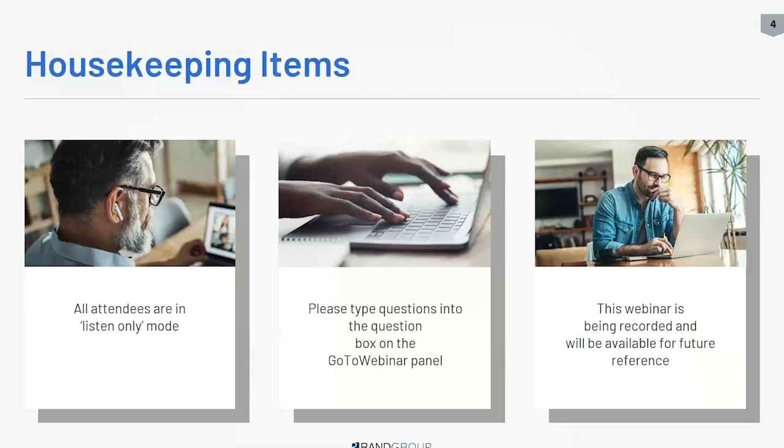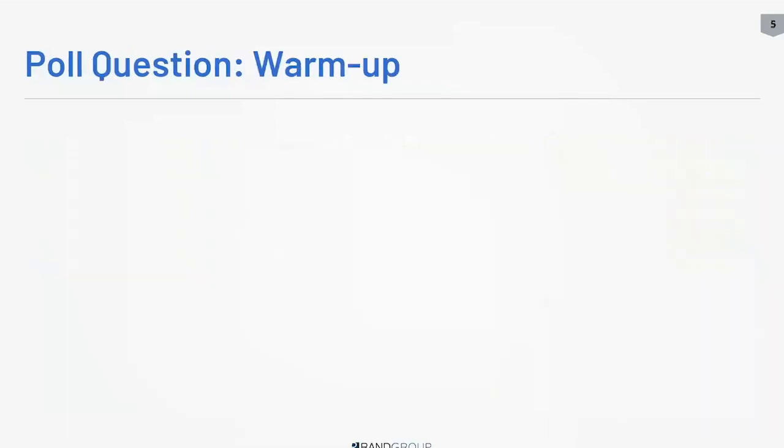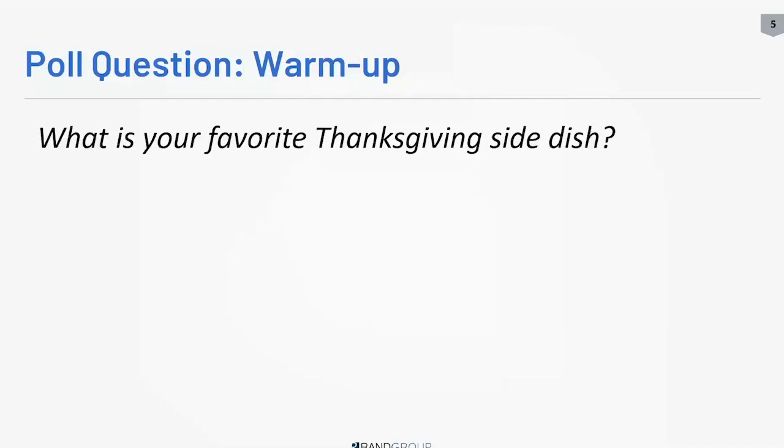So we'll get started by doing a poll question here. We always encourage participation and feedback during the webinar, so this is one way that we could do it. As a warm-up question, we're hoping that you can participate and answer the first question. Still a warm-up, just an icebreaker for everyone. And the question is, what is your favorite Thanksgiving side dish?